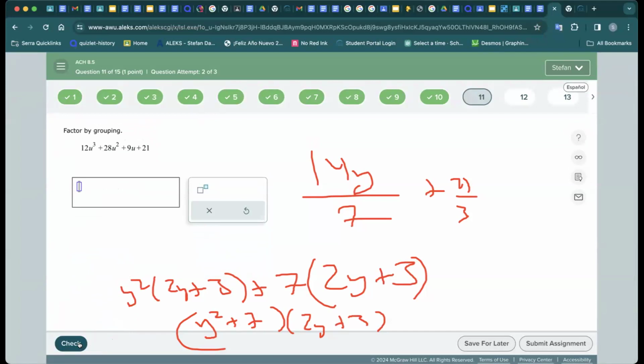Yeah, right here. So what's common is 7. No, 4. Yeah, you gotta look at the first group.